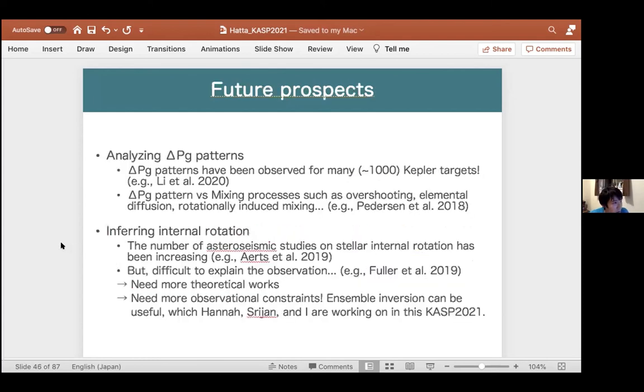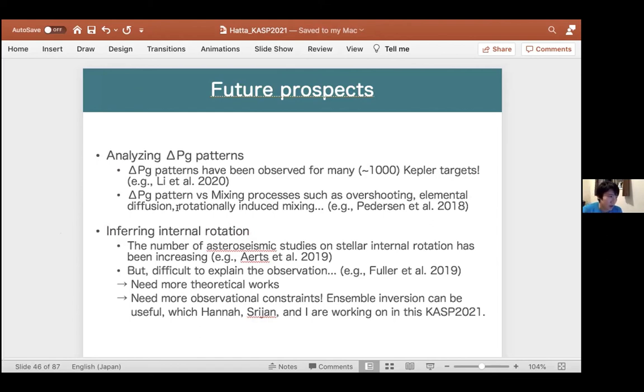This is almost our last slide, and here are future prospects about delta PG patterns and internal rotation. I think analyzing delta PG patterns is very promising, because now delta PG patterns have been obtained for many Kepler targets, and there have been a number of studies focusing on delta PG patterns and mixing processes such as overshooting, elemental diffusion, and so on.